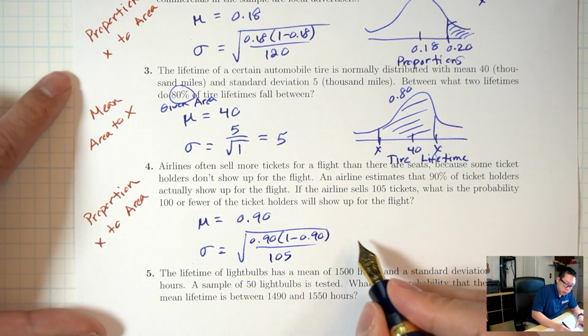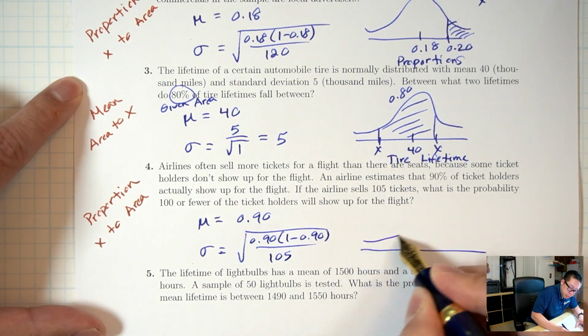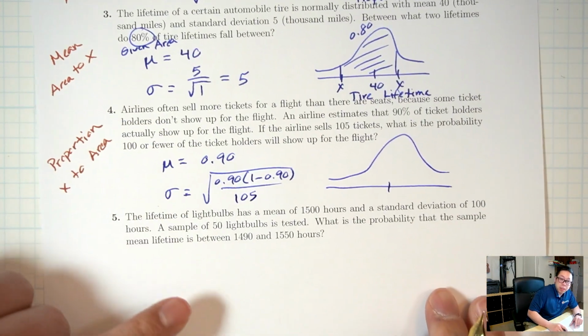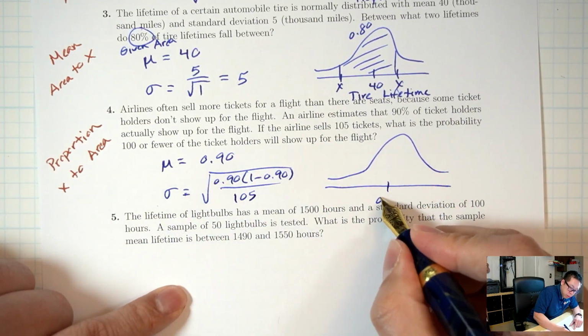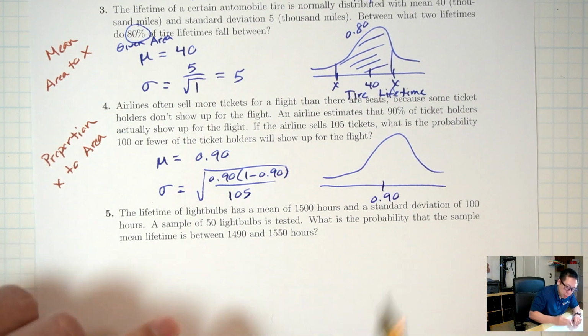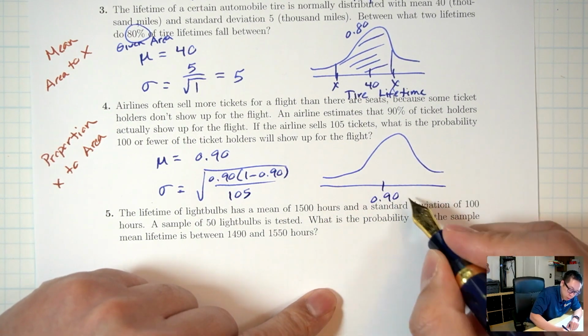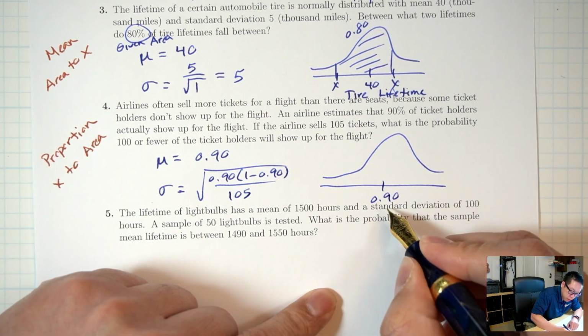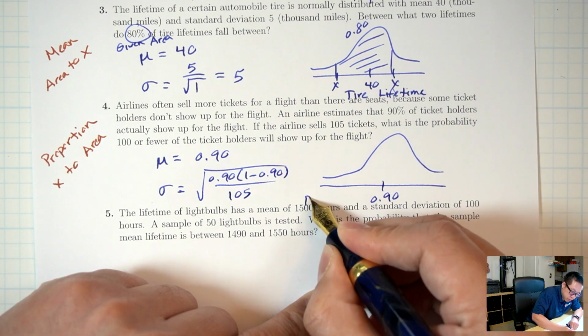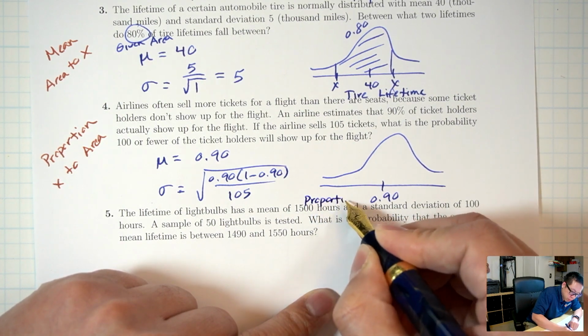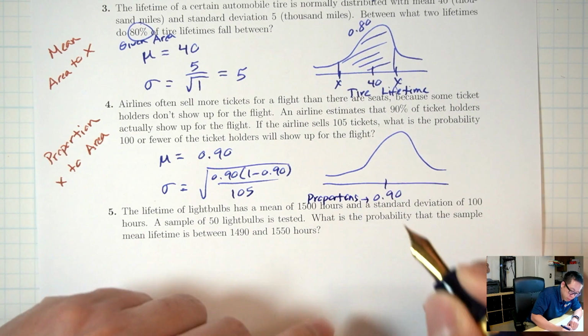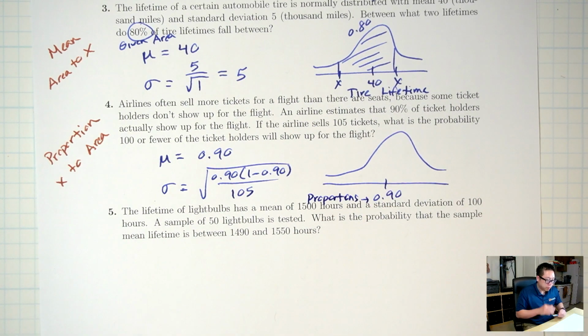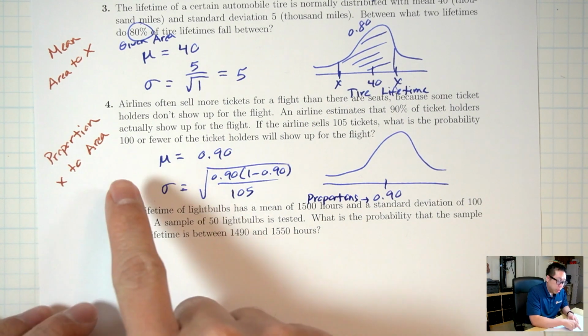Okay, let's draw our picture. Put the mean in the middle, which is the 0.90. And then to help myself later on, my x-axis here are my proportions. 100 or fewer.